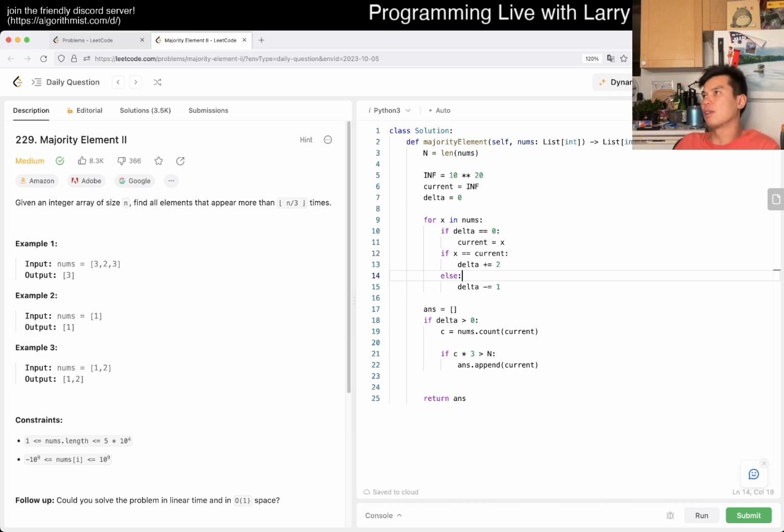With the n over 2 case, you could divide and conquer because the most common element... oh, I guess that's not true. I was going to say that the most common element is probably the most common element on the left and on the right, but I guess that's not technically true, because it could be the second element on the left and the second element on the right, and then combined it's the number one element. How do we get the two most common elements without storing a frequency table? I guess that's the question.